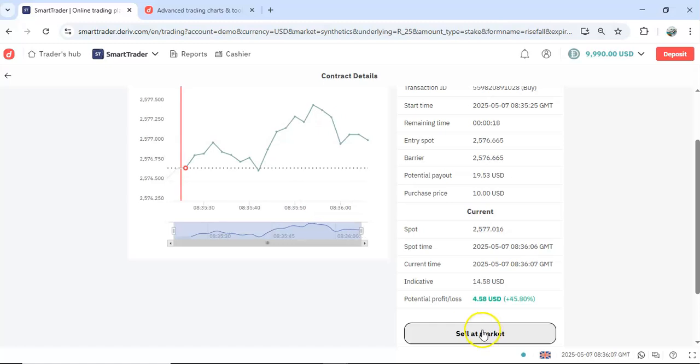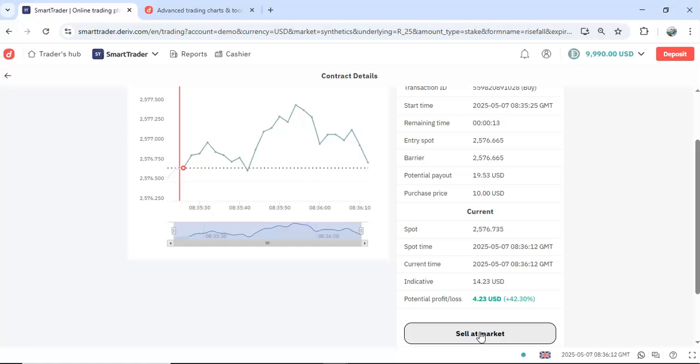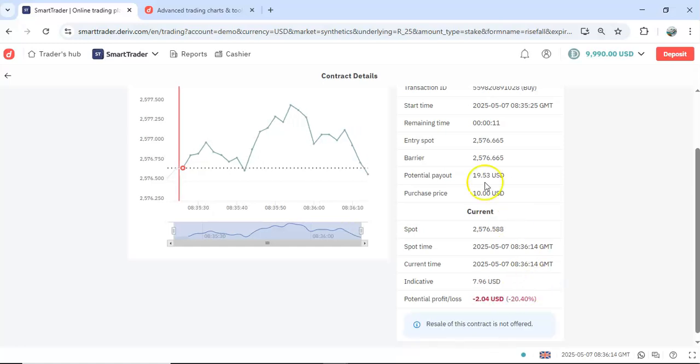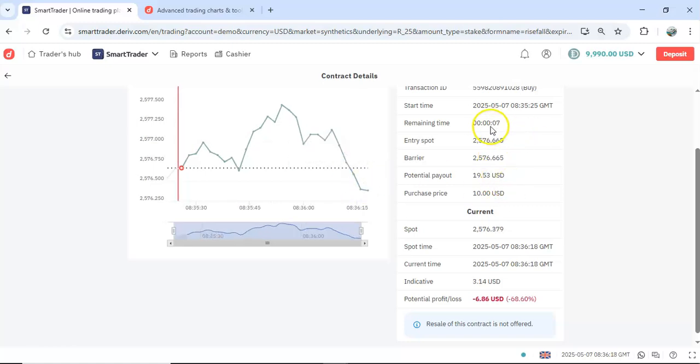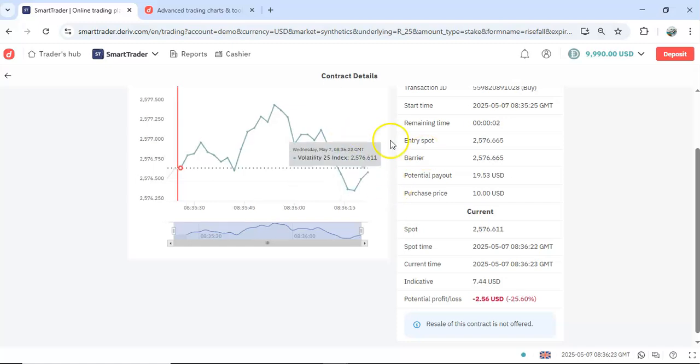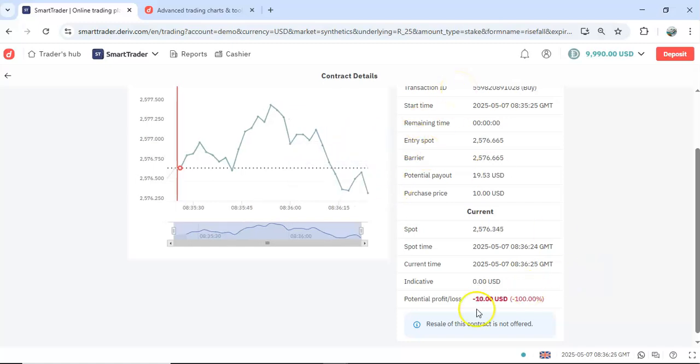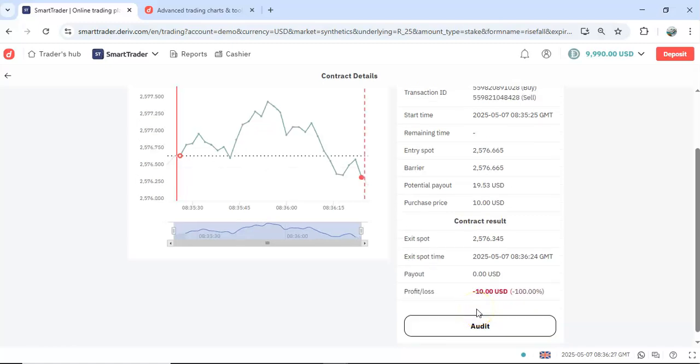So I can choose to exit with a portion of the profit. You can see here it's 6.55. It's back to 3. So that's why it's good sometimes to exit with a profit that you are comfortable with, because the market can go in a different direction any minute.